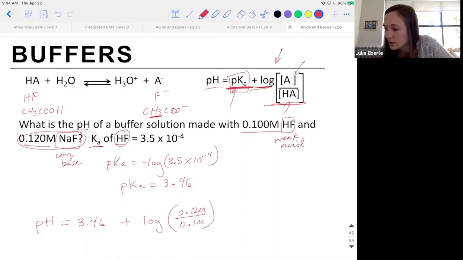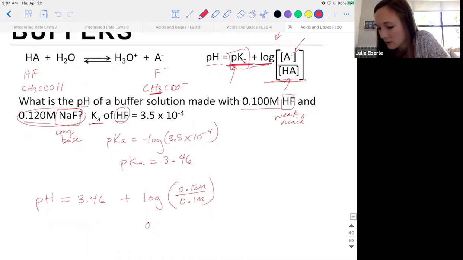All right, so literally you're just going to do, this is not negative log, okay? So don't take the negative log of that. Pay attention to the equation. It's positive log, so I'm doing the log of 0.12 divided by 0.1, close your parentheses. When you do the log of those things, you get 0.079.